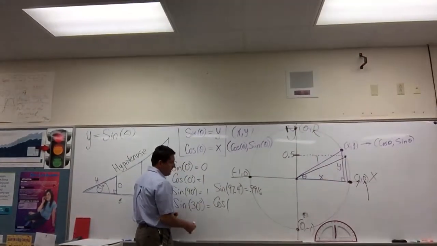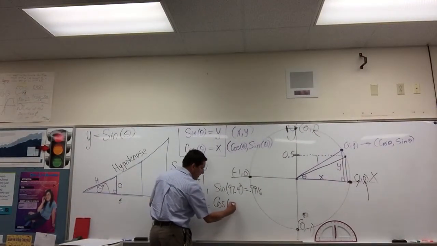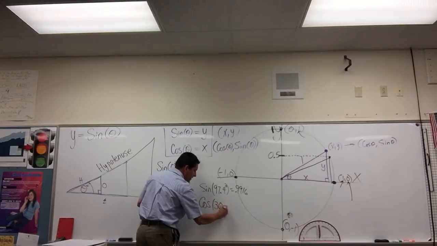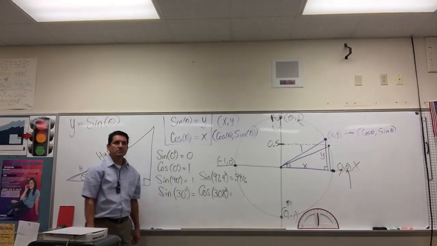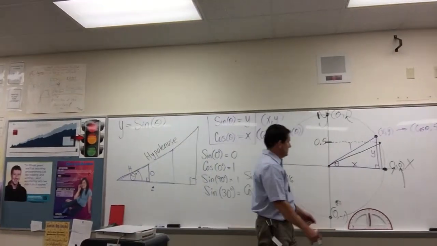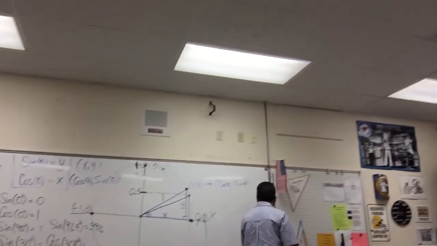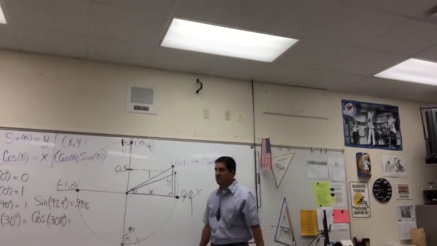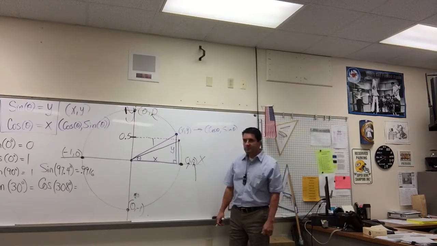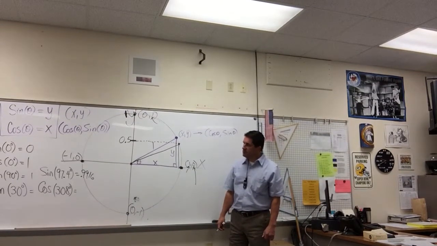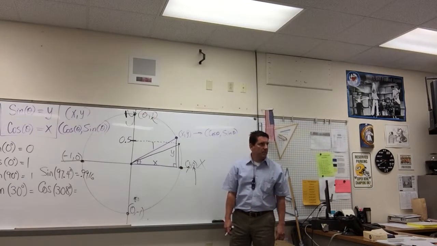Okay, another one. How about the cosine of 308 degrees? And if we're within 1/10, I consider that pretty good.